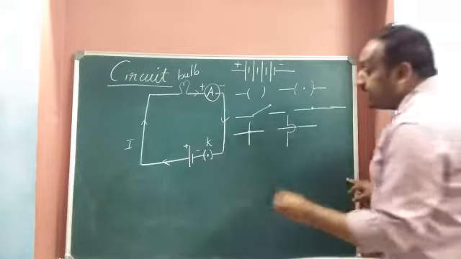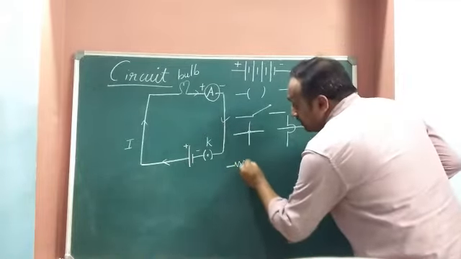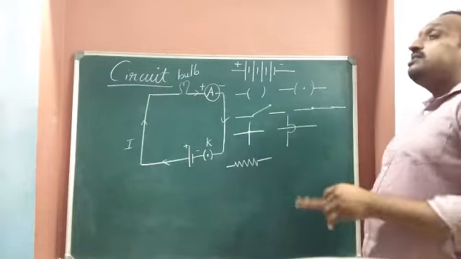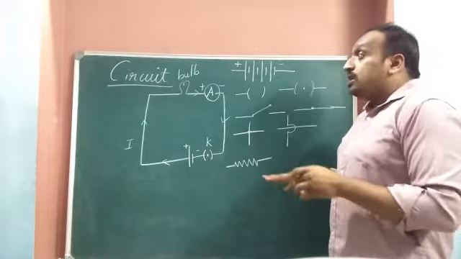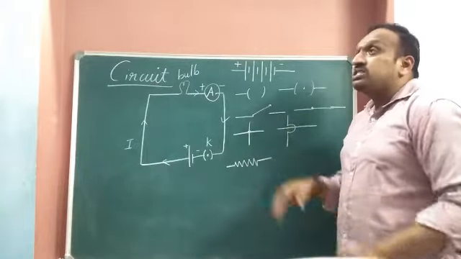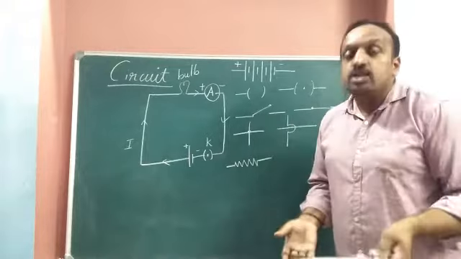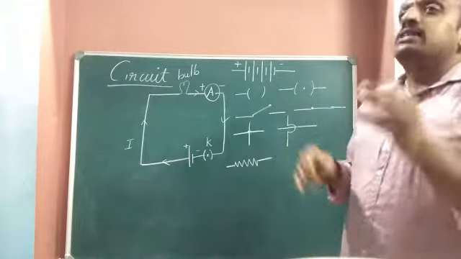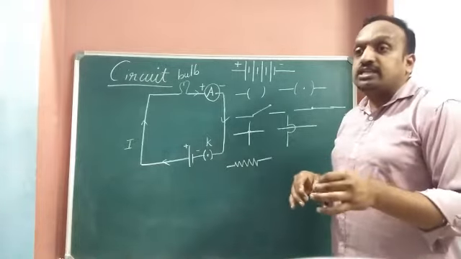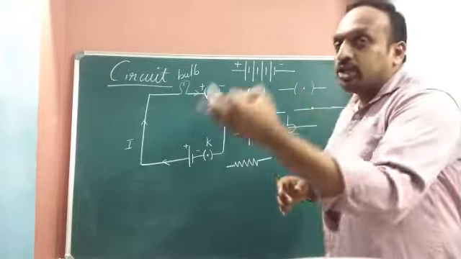Next, very important, the resistor. So what is a resistor? A resistor is a device which is used to control the flow of charges. That property is called resistance. What is resistance? Resistance is a property through which the flow of electric charges can be controlled.